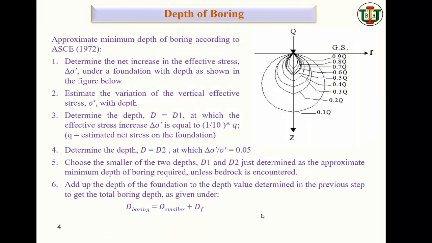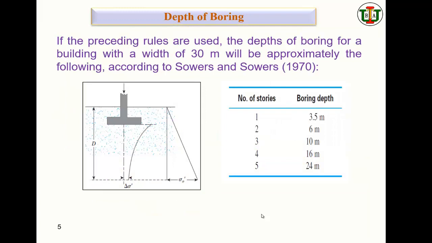And this is some preliminary data before going for a test, so we can decide how much depth we are planning to go, or where we actually need to stop our testing. This is the continuation of the depth of boring, based on the example of 30-meter wide buildings.